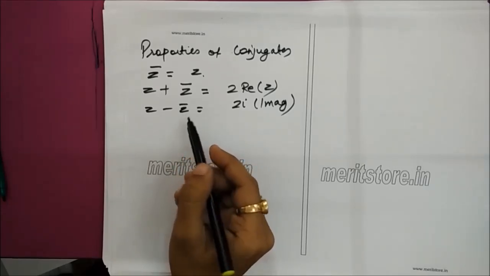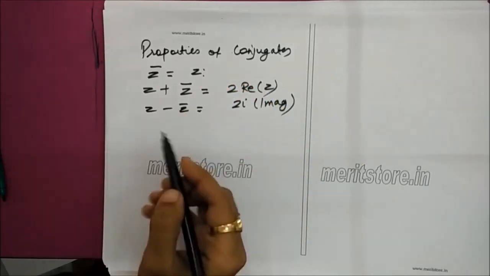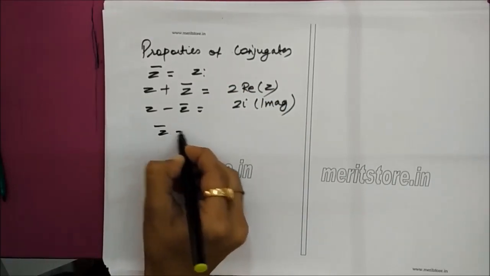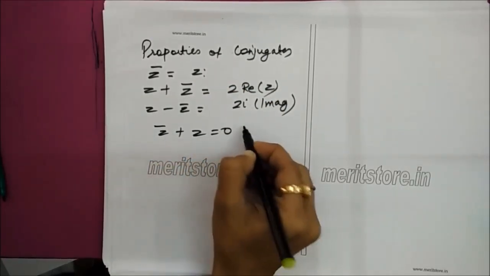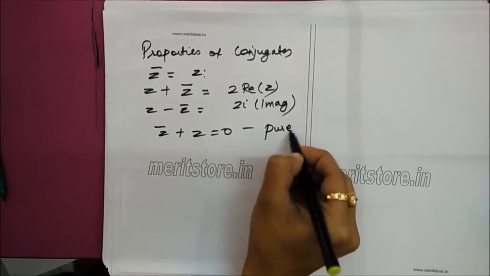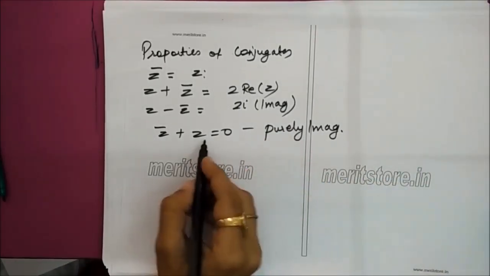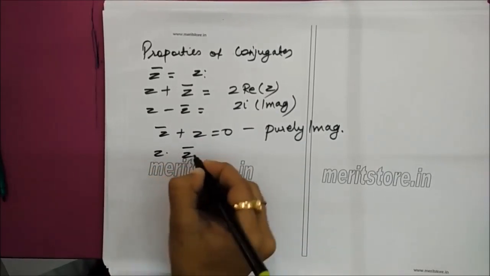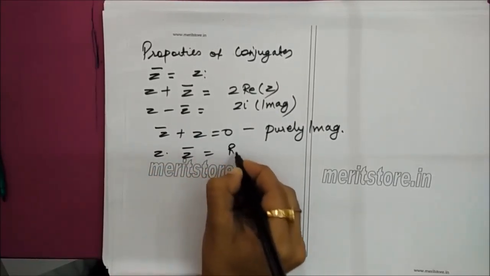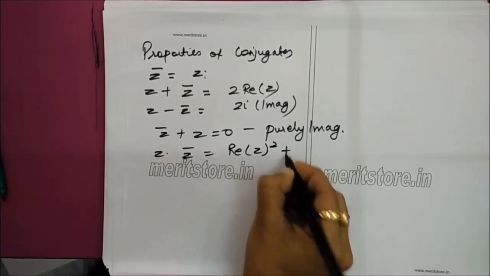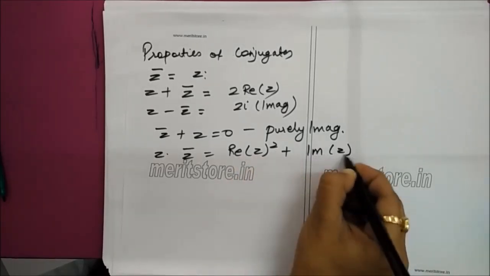When both are equal, it will be purely real, and when I'm subtracting both, it is purely imaginary. When I'm multiplying, it will be real square plus imaginary square.